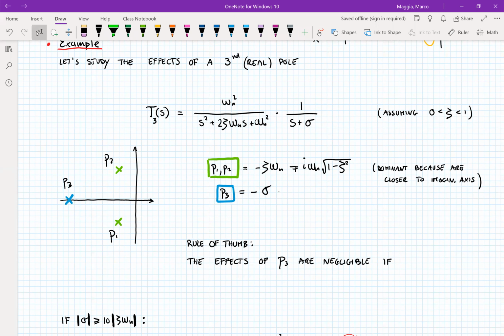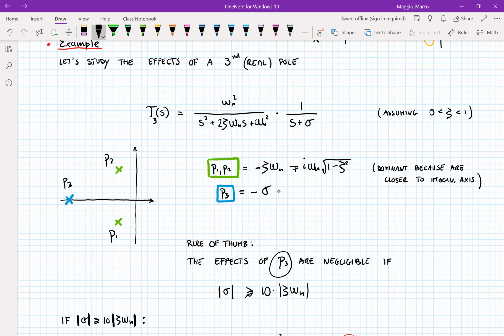If the magnitude, I should say, of the real part of P3, that is absolute value of sigma, is greater or equal to about 10 times the real part of the dominant poles, then the effects of P3 are pretty much negligible.